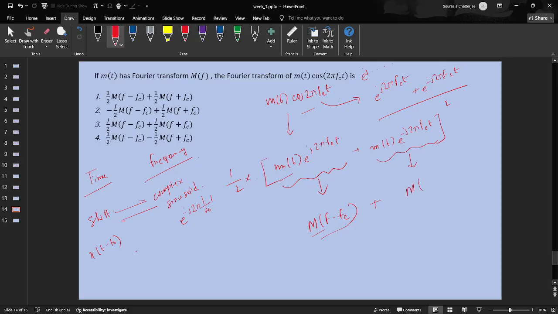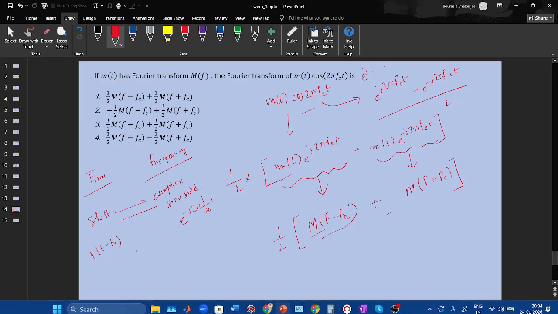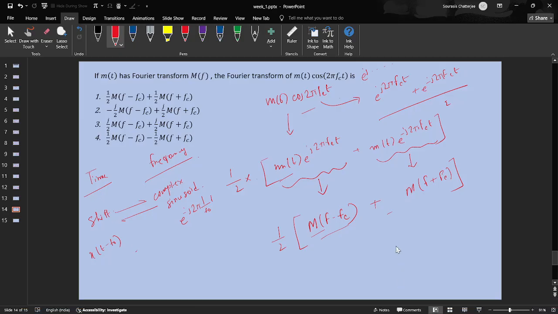That's F plus fc. So you just make use of the shifting property and you would immediately get what the Fourier transform is going to be, avoiding all the maths.